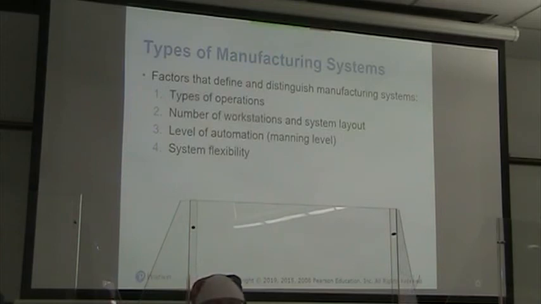The types of manufacturing systems, well, we have four factors that are going to distinguish between different manufacturing systems. There's the types of operations, the number of workstations and system layout, the level of automation, or manning level, and the system flexibility.